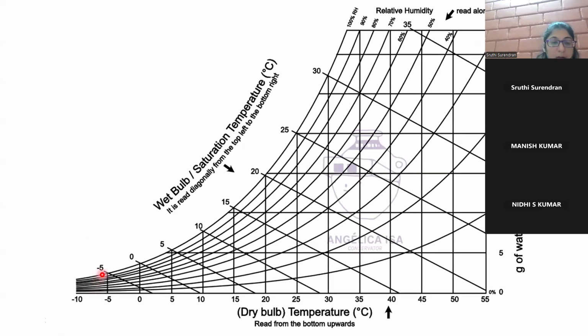So this curved line is 100% relative humidity, and as we go down, it is giving indications of various values of relative humidity. The y-axis is giving the values of absolute humidity. The x-axis is giving the values of dry bulb temperature, or normal air temperature, and these diagonal lines are giving wet bulb temperature, which is the temperature that is reduced as a result of the evaporative water loss.